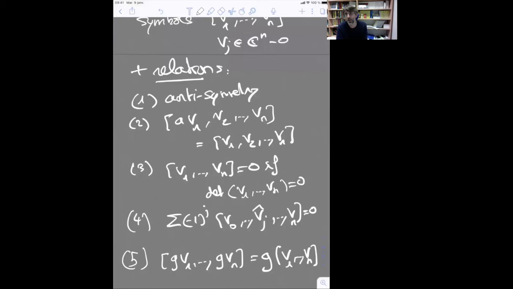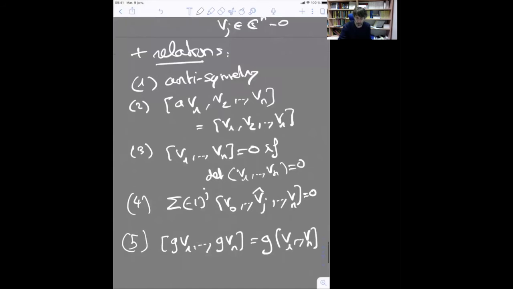It looks like modular symbols. And in fact, it's really the same relation as modular symbols, except that what you are considering is tuples of complex vectors, not only integral vectors. So that's why I'm talking of the boundary at infinity, because these modular symbols you can think of as a homology class relative to the boundary at infinity.